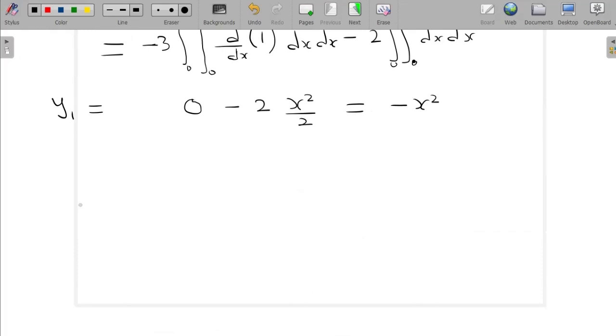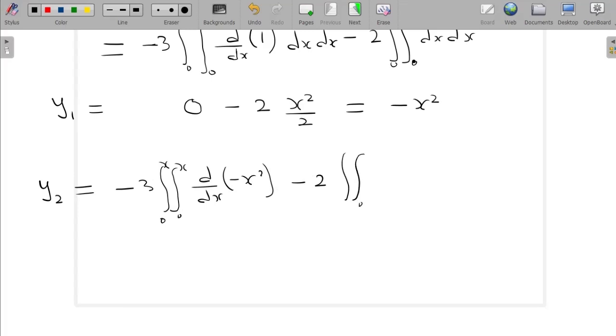So for y2, this will be minus 3 dx of y1, where y1 is negative x squared, minus 2 times negative x squared, dx dx.